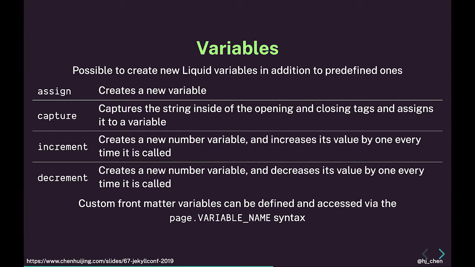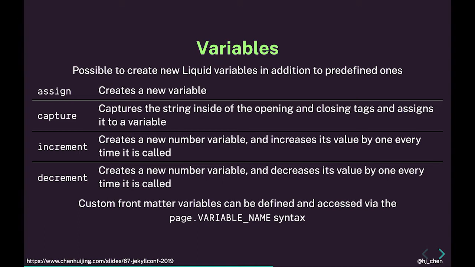The first type is the ones that you create via custom front matter, and you can access these with the syntax page dot whatever your variable name is. Oh yeah, it's on the slide. So custom front matter variables can be accessed via that syntax.